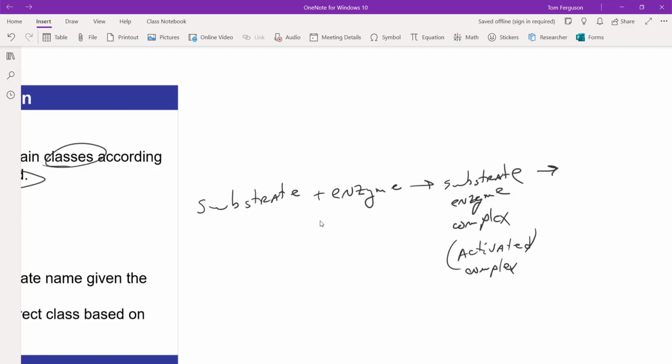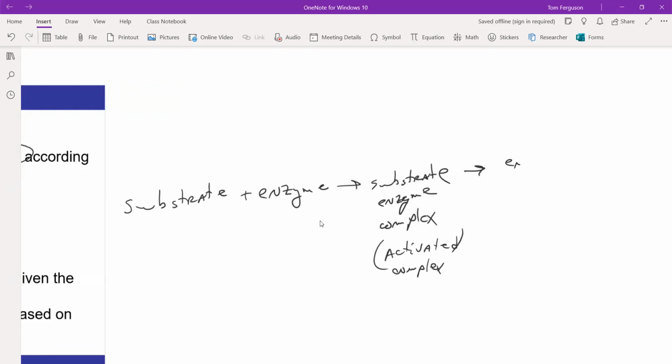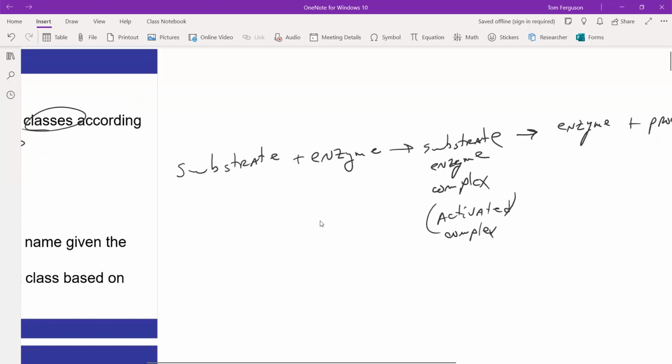And that yields the enzyme back. So the enzyme is unchanged. If it's changed, it's not an enzyme. It has to be regenerated once it's done. So basically it pulls in the substrate, it does its reaction, spits out a product, and then it's the enzyme again. Okay?